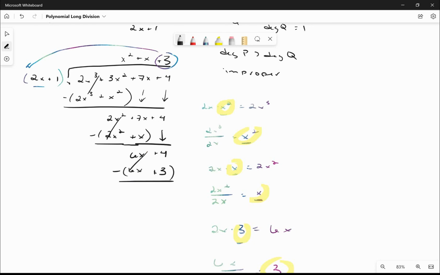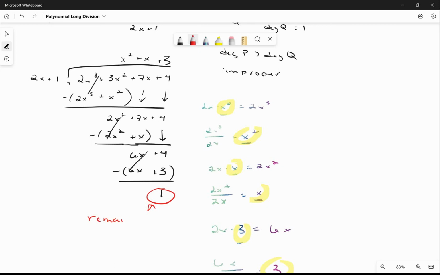We get that the 6x's cancel. 4 minus 3 gives you 1. Now the degree of a constant is just 0, so the degree of 1 is less than the degree of 2x plus 1, right? So we're done with long division. And we call this last thing that remains the remainder, right? So this is our remainder here.